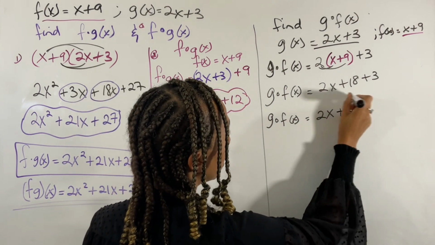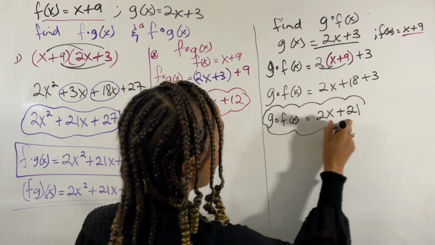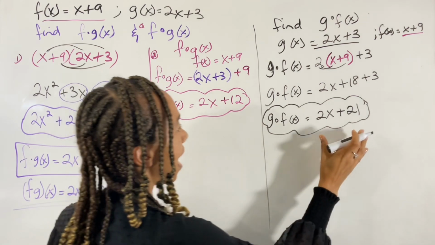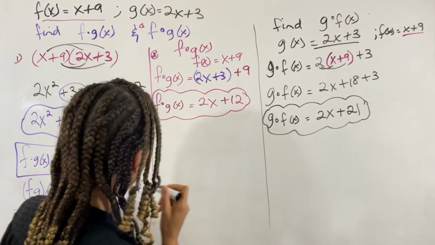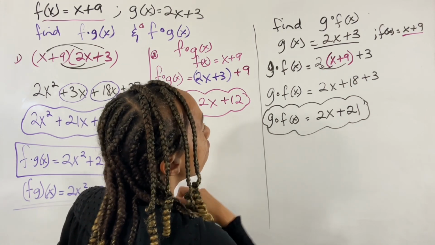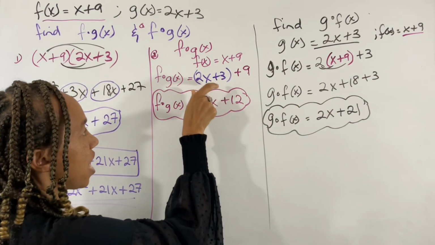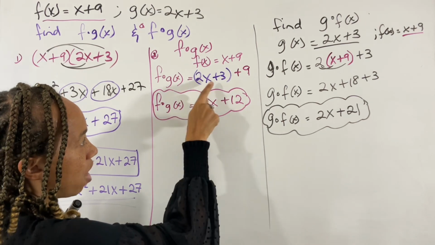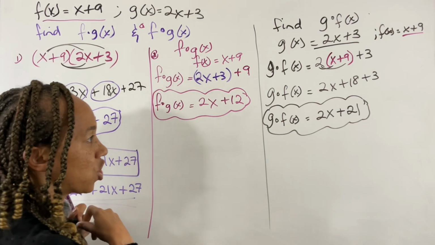So this is going to be your answer. Notice the difference between this one and this one. You substituted your x plus 9 for your variable here, whereas over here you substituted 2x plus 3 for your variable in your first function.